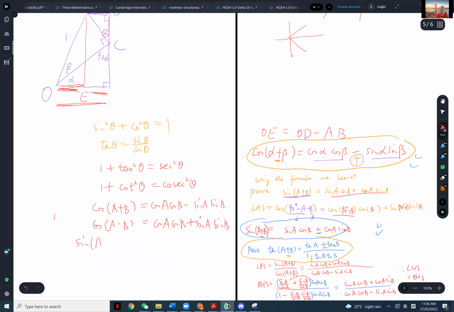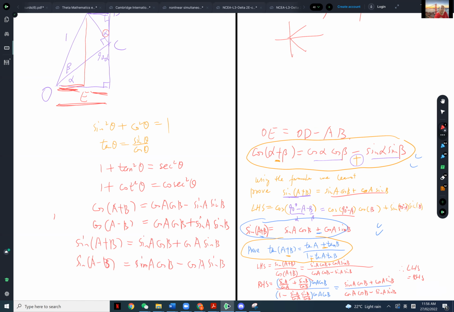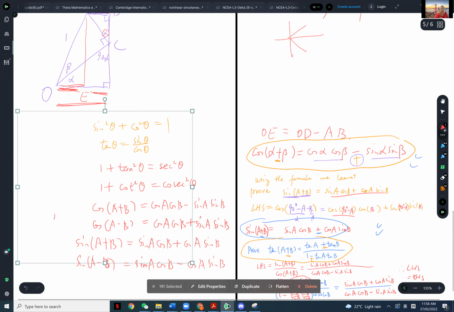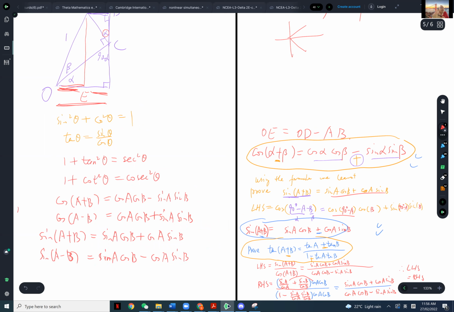Okay? Sine(A plus B) equals sine A cos B plus cos A sine B. Sine(A minus B) equals sine A cos B minus cos A sine B. Okay? Memorize, copy down and try to use it for the questions in the textbook I shared.